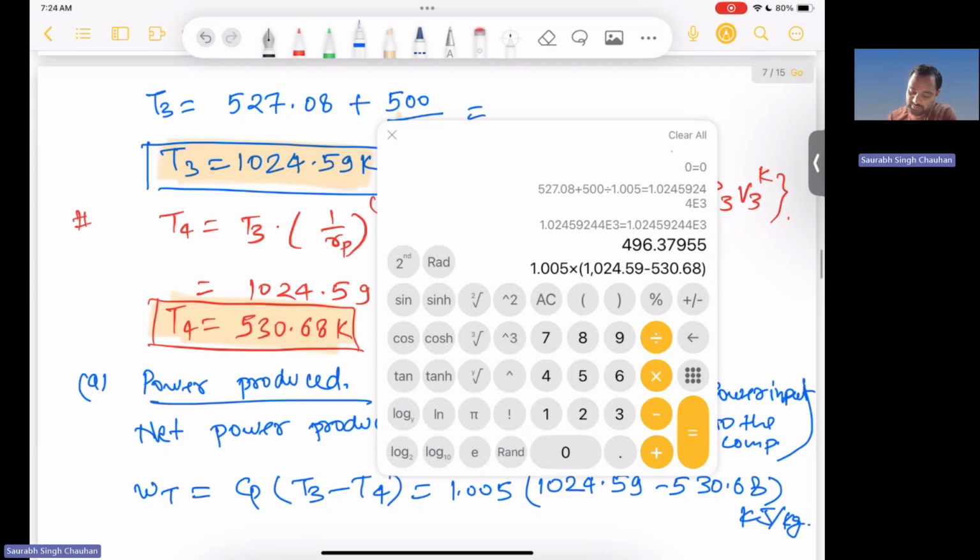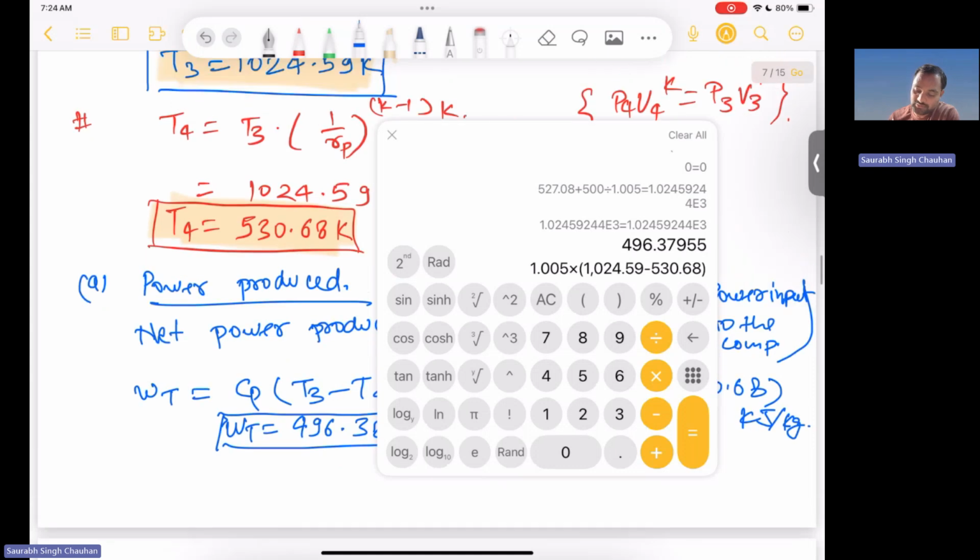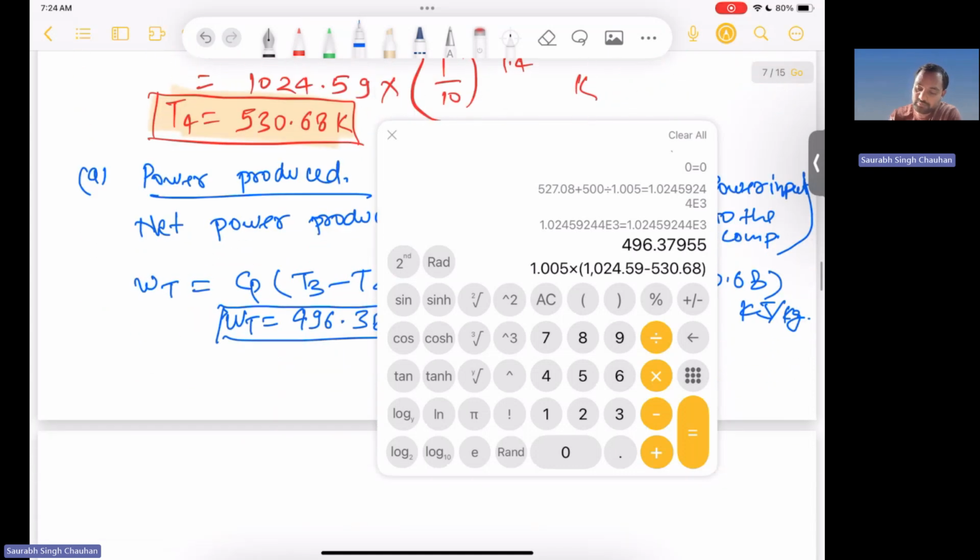So it is coming out to be WT, that is work produced by turbine, 496.38 kilojoule per kg.